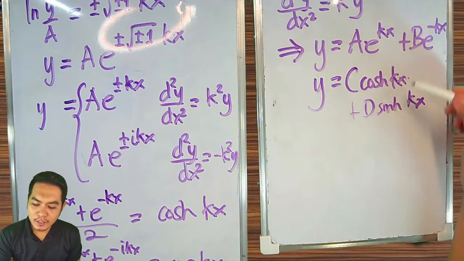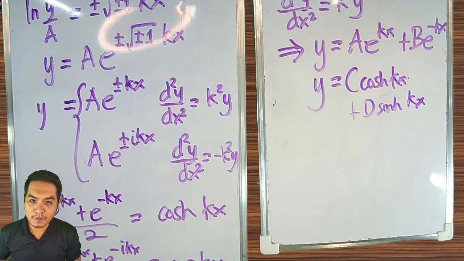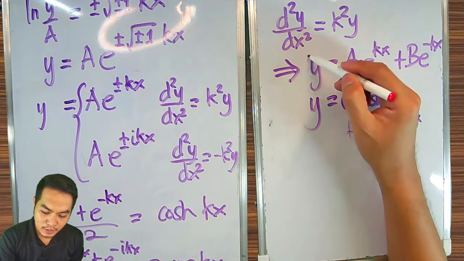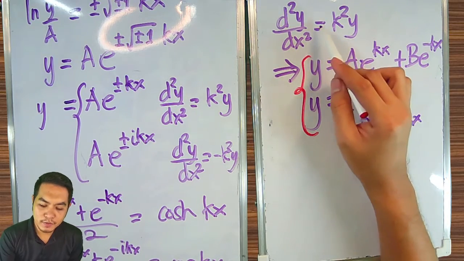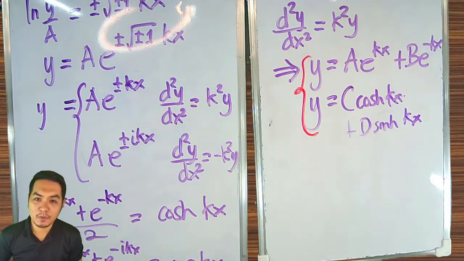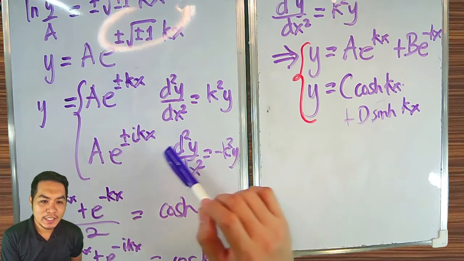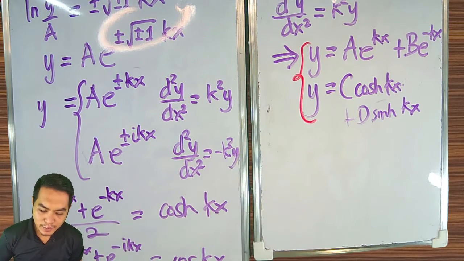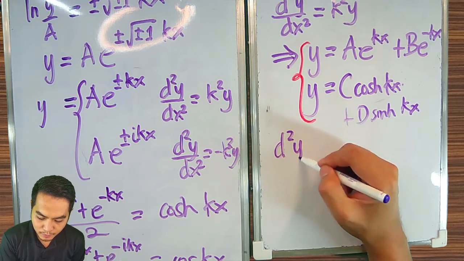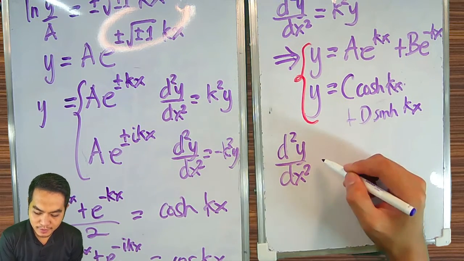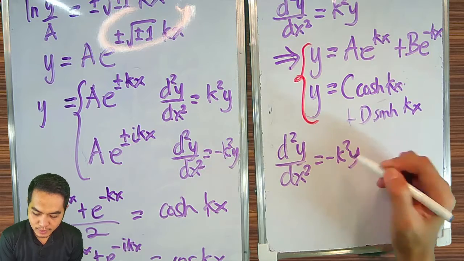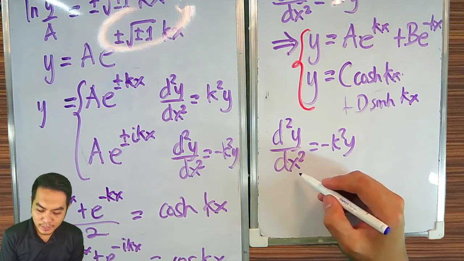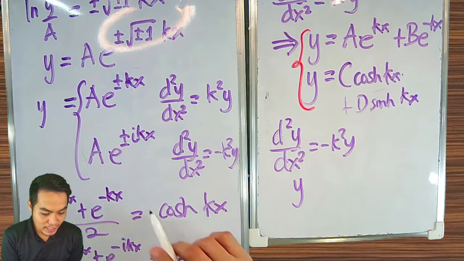So these are the two solutions if your harmonic oscillator equation is equal to positive k squared y. Now, if you have the negative k squared y, so if your harmonic oscillator equation is like this, negative k squared y, then of course the solution to that will be e to the ikx.